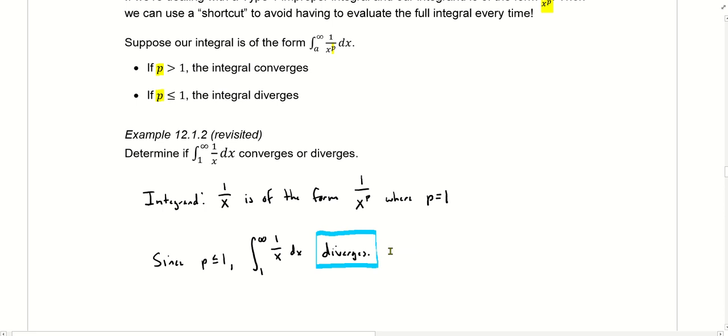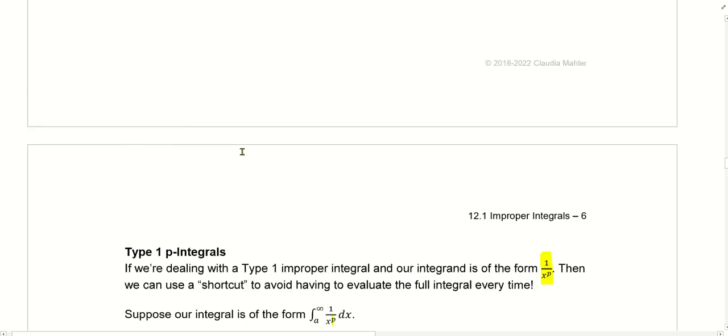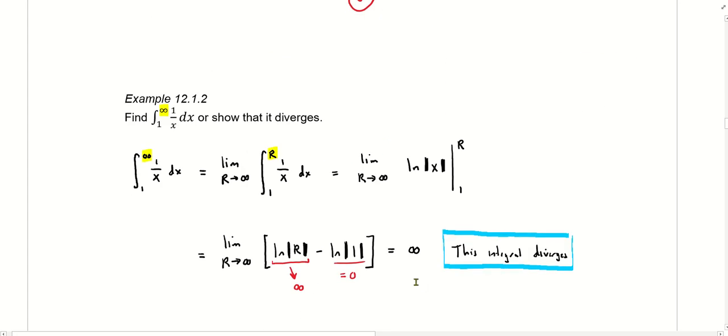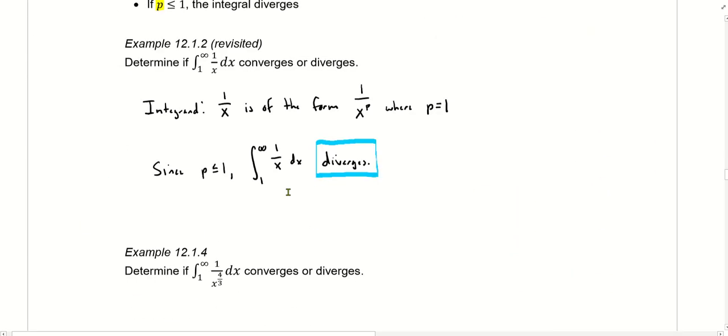And we did this as an example up above, so let's see if we match what we got the long way. This was example 12.1.2. We could see that, yep, we're right. This does diverge. So a little bit of a shorter way of doing it if we recognize that this is a p-integral.